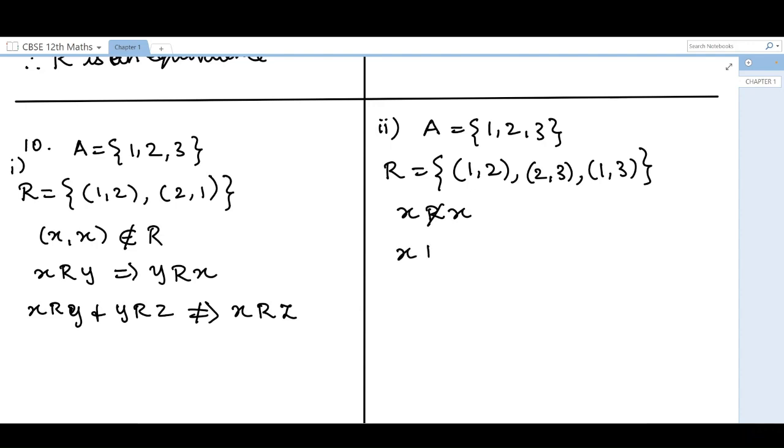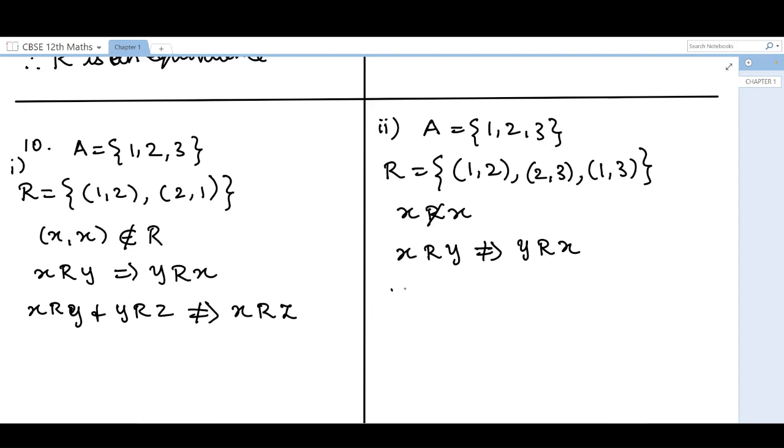Therefore, x related to y does not imply y related to x. Therefore, this relation R is not symmetric. When you consider three elements 1, 2, 3, in our relation we have 1, 2, 2, 3 and we have 1, 3 also. So, x related to y and y related to z implies x related to z. Therefore, this relation is transitive.